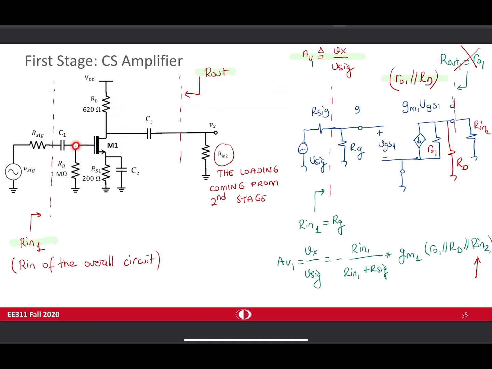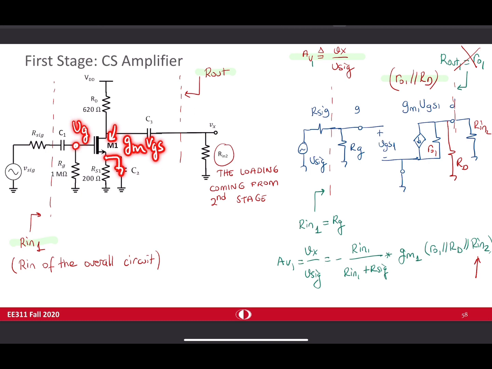So you can find Vg potential because gate current of M1 is 0. So Vg is equal to Rin divided by Rin plus R signal times V signal. Source is grounded, so VGS is equal to Vg. So now you can tell this current Gm VGS in terms of V signal.